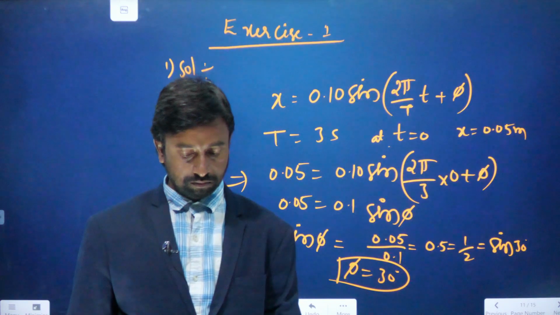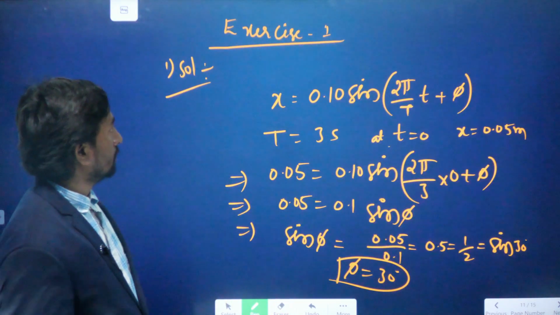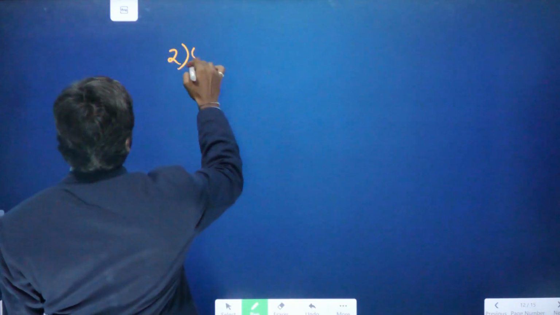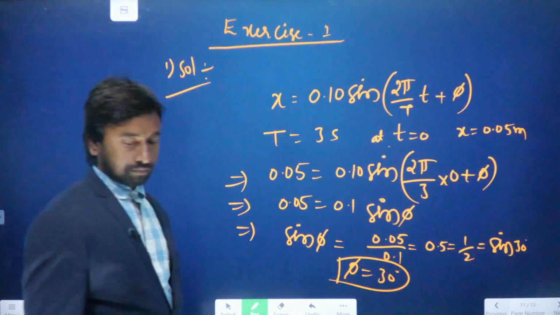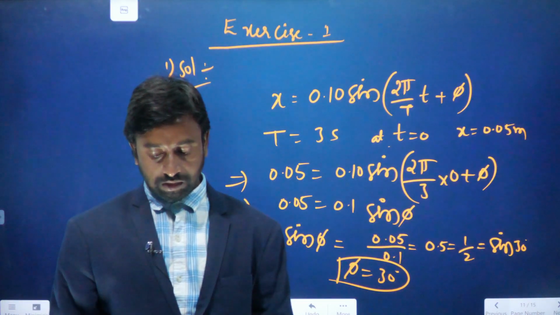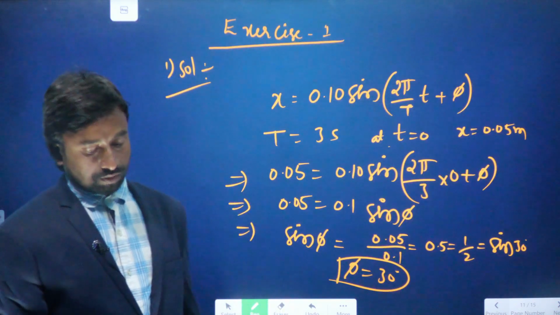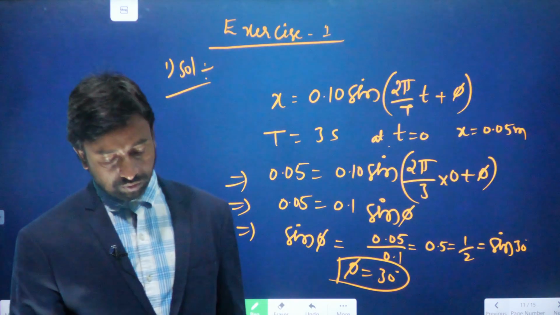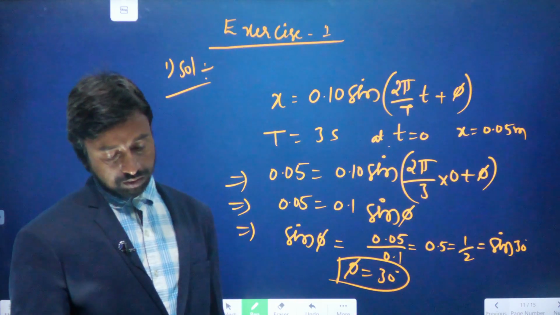Second one, we will see. Second solution. So we will read the question now. A body executing simple harmonic motion with an angular frequency of 2 radian per second. The velocity of the body at 20 millimeters displacement, when the amplitude of the motion is 60 millimeters, is asked.